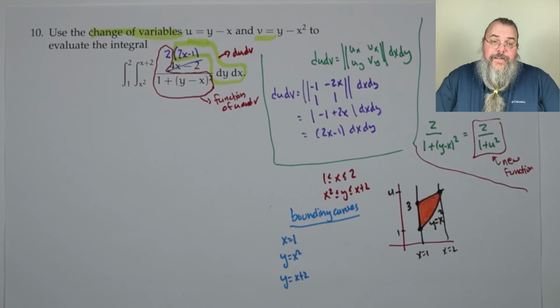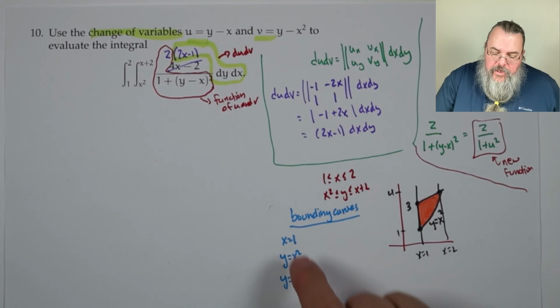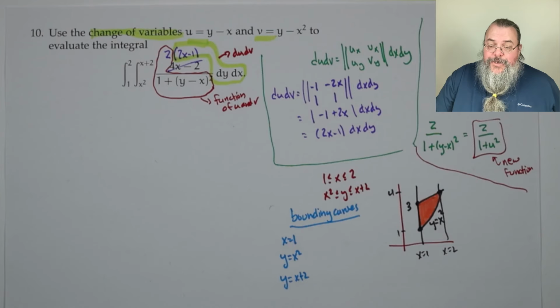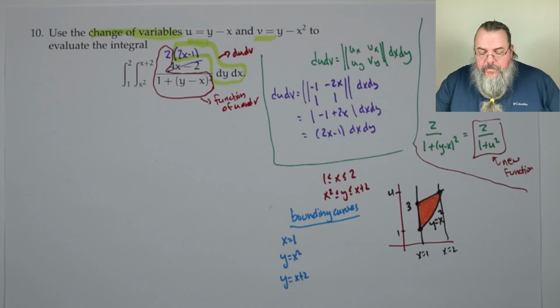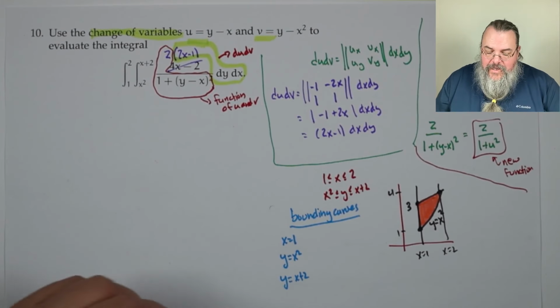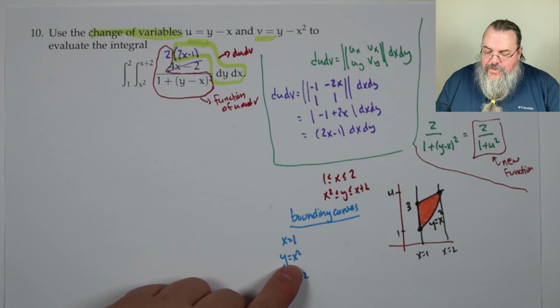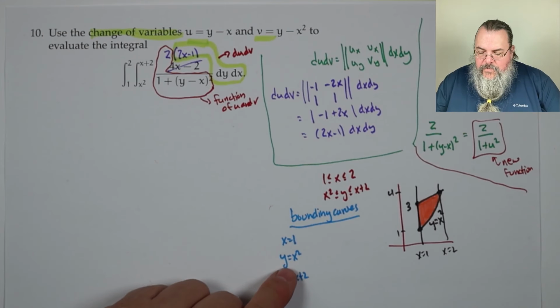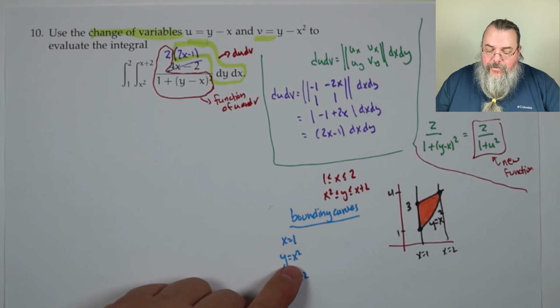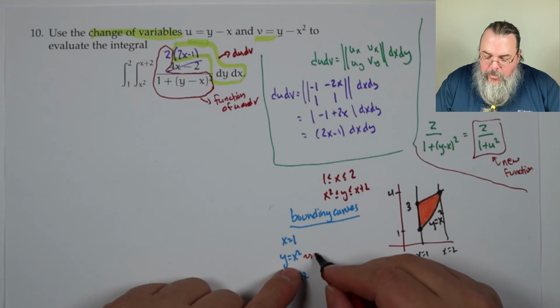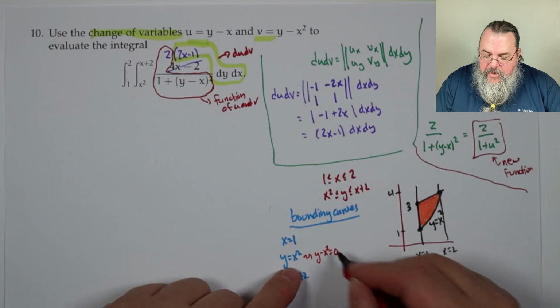Now, here's what's going to happen. These are curves, and we want to rewrite them in terms of u and v. So we look for ways to manipulate the expressions so we get things that look like u and v. Let's look at the middle one first, because I think there's an easy manipulation there. If you subtract the x squared, this becomes y minus x squared equals 0.